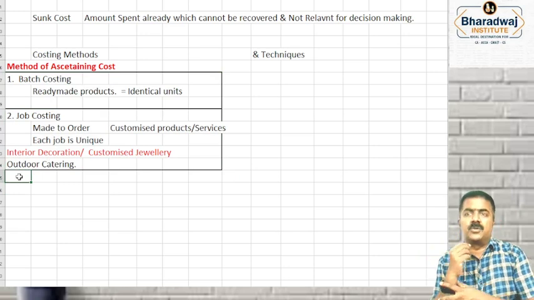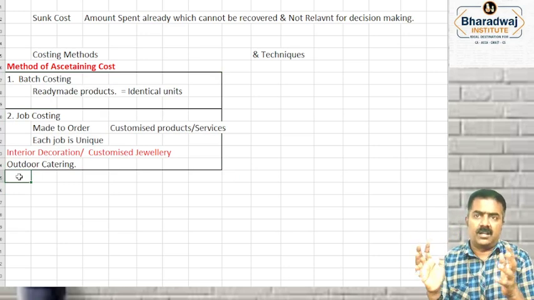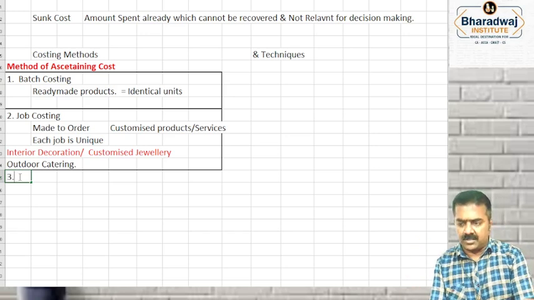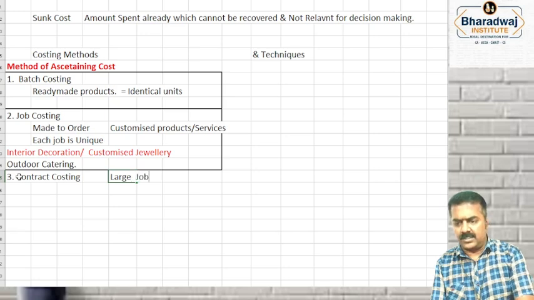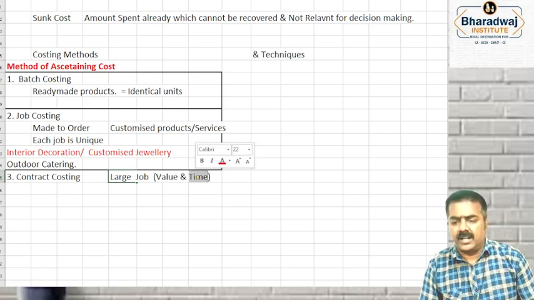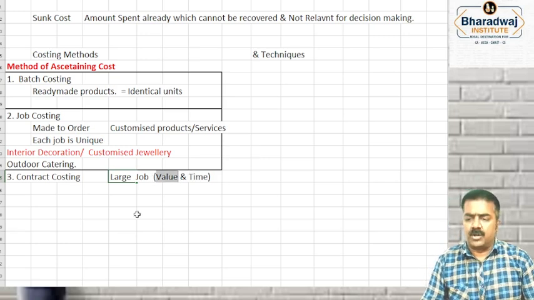When the job is executed for a longer period, for a higher value, we call it contract costing. What is contract costing? Contract is a large job. What is a large job? Both value and time. It will take more than 1 year to execute the work. Value wise also it will be high.